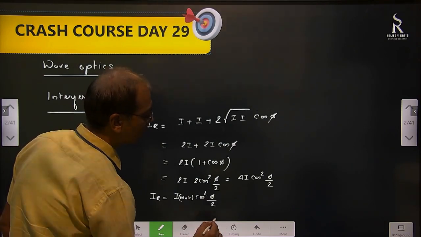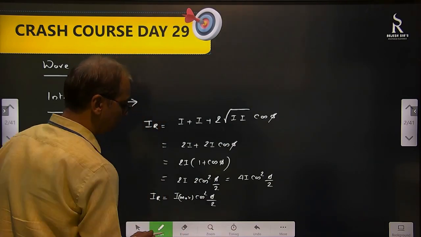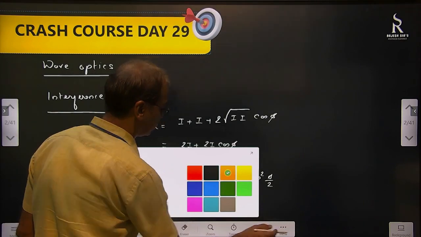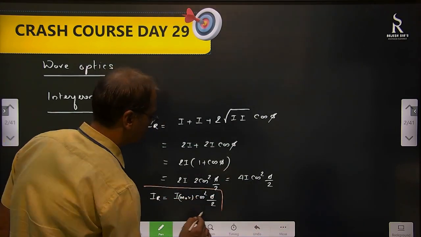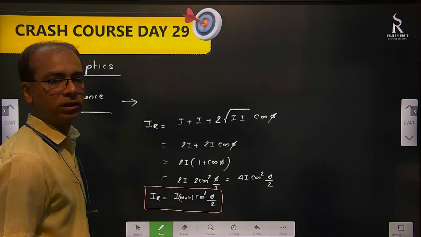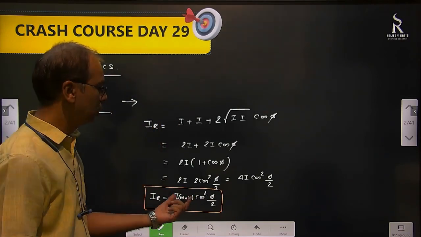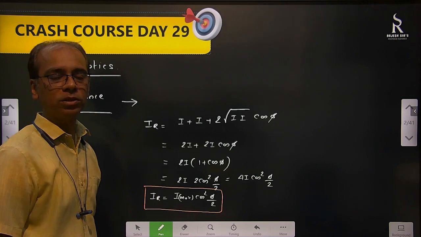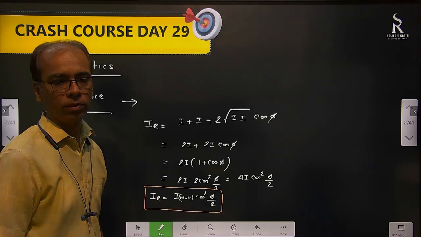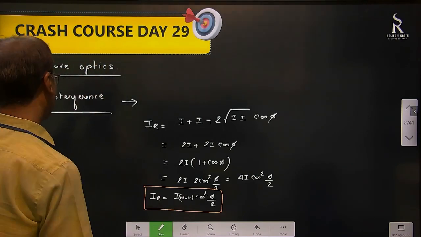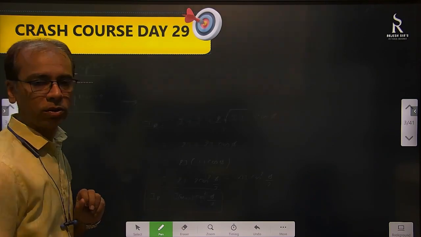Sometimes this question comes directly, so that's why I told you this. If the two sources have the same intensity, the resultant intensity is I max into cos square phi by 2. Yesterday we did a question on this; we will do one more.